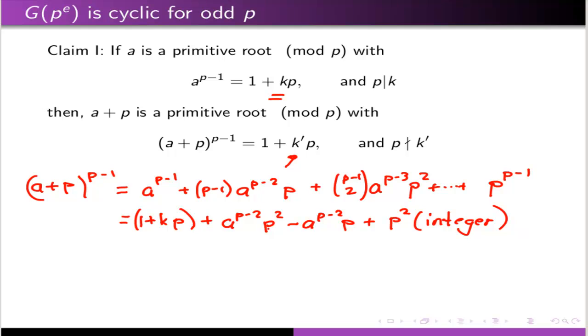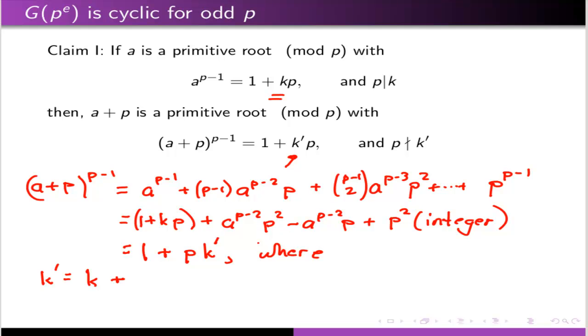So I pull off the 1, which I see right in front, and then I pull off a p, and then I'm left with a k prime, where k prime is what? Okay, so I pulled off this p, so I still have a k right there.